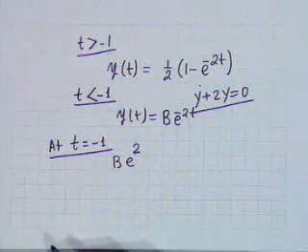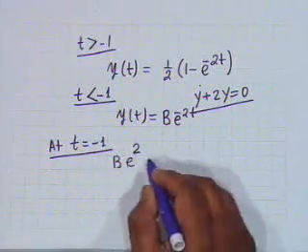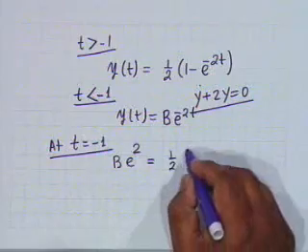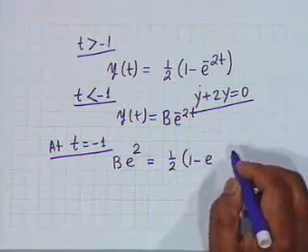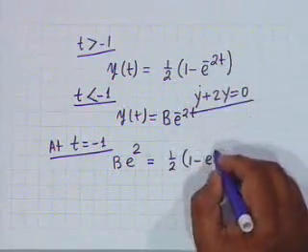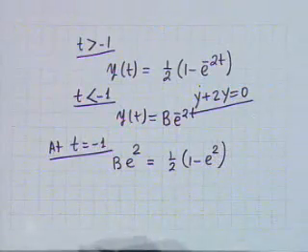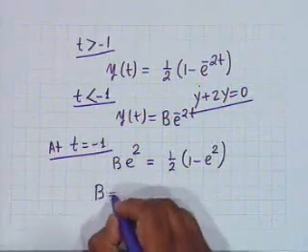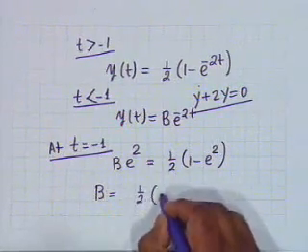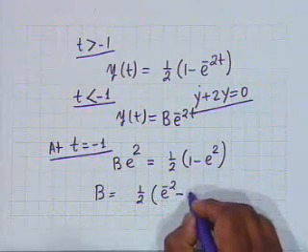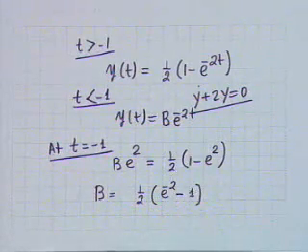We cannot utilize it again because we have already used it to evaluate one condition. But the continuity of the output demands that b e to the power 2, at t equal to -1, should be equal to half times 1 minus e to the power 2, which means that b is equal to half e to the power -2 minus 1. Is that correct?